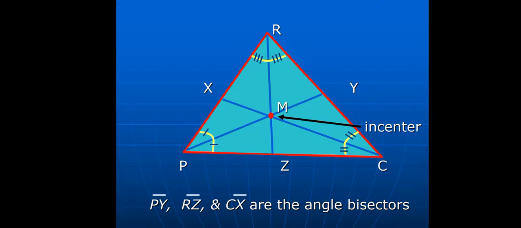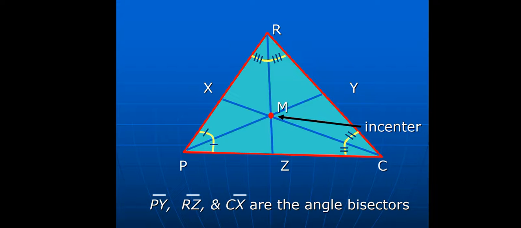In this sample, the PY, RZ, and CX are the angle bisectors. Start tayo sa PY. Yung vertex P ay may angle, yung yellow. Dyan tayo mag-start hanggang sa opposite side niya, which is Y. Yan yung angle bisector natin.